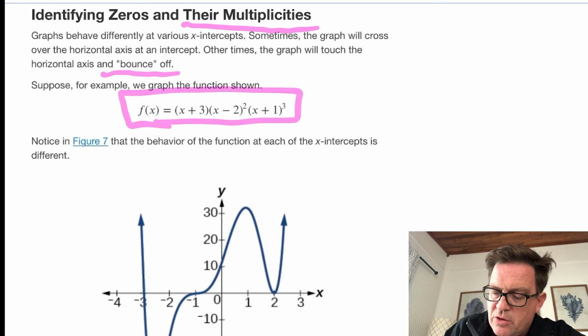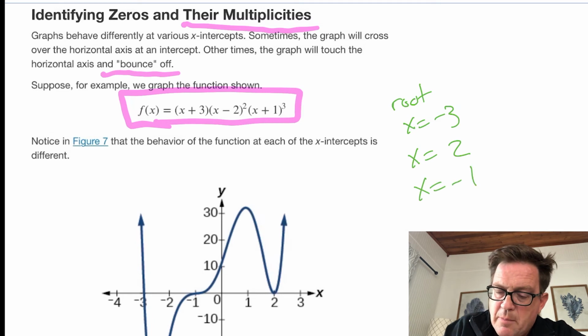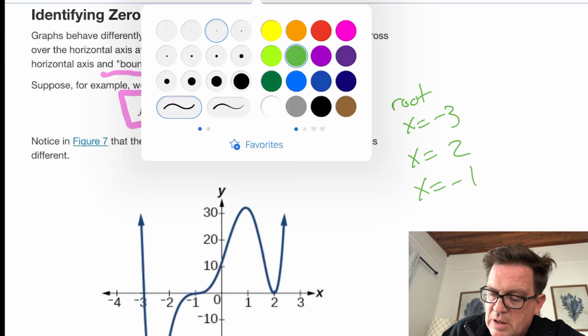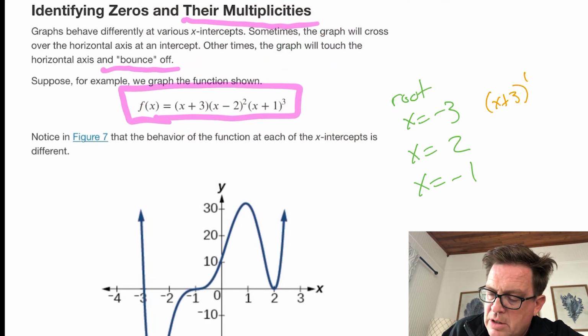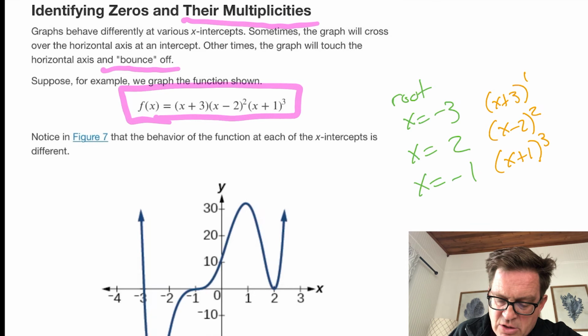The roots are at x equals negative 3, x equals 2, and x equals negative 1. But the multiplicities: this one is x plus 3 to the 1 power, this one comes from the x minus 2 squared, and this one comes from the x plus 1 cubed. And so if you look over at x minus 3, it's a straight line.